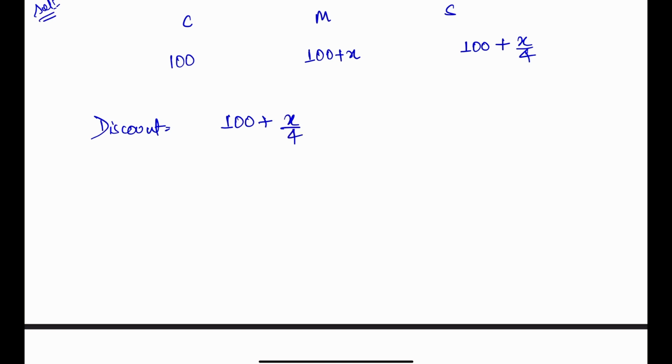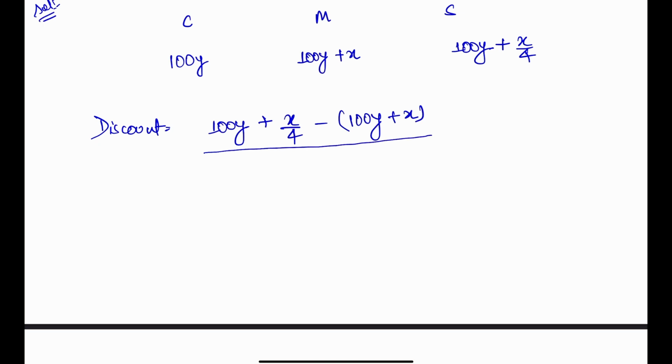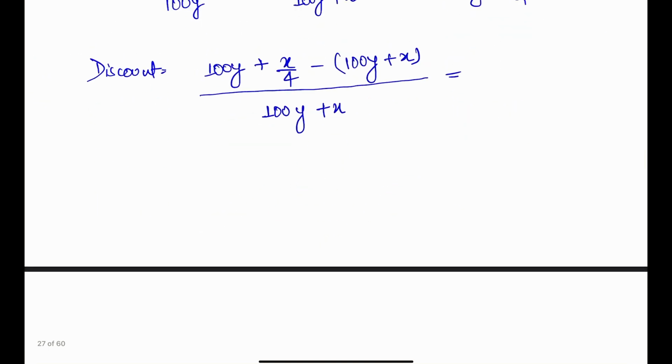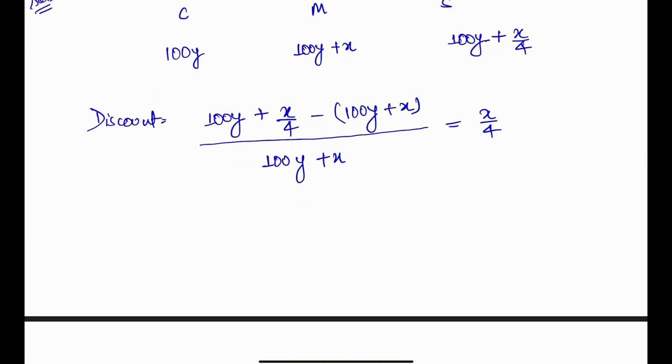So my discount with this formula I can see is 100 plus x by 4. Let's take it as 100y. So selling price minus marked price, 100y plus x, divided by marked price, 100y plus x, is equal to x by 4 itself.